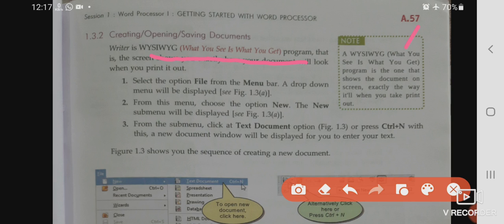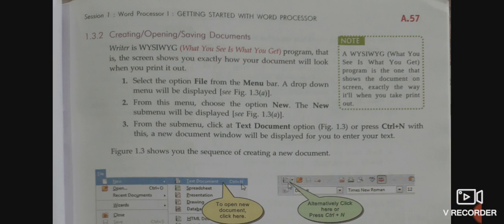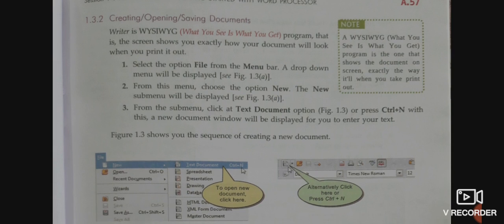So WYSIWYG is a program that shows the document on a screen exactly the way it will look when you take the printout. So the writer or the word processor is a WYSIWYG program. That is, the screen shows you exactly how your document will look when you print it out.